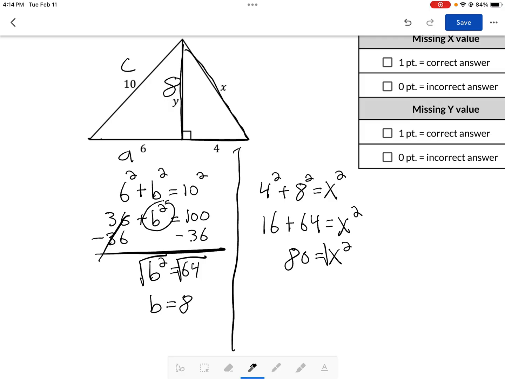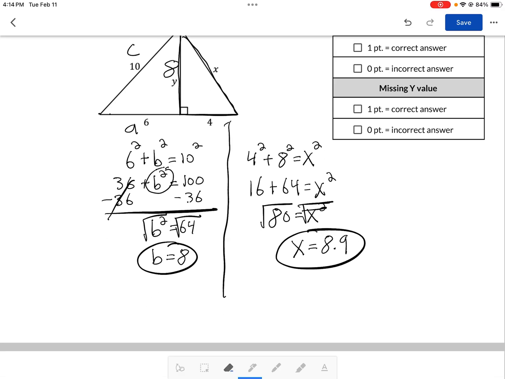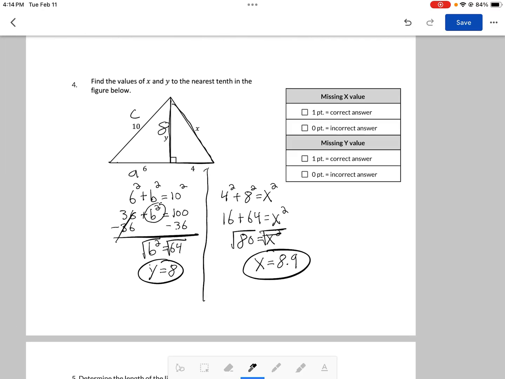I'm going to square root both sides of my equation. The squares cancel. I'm left with x equals 8.9 rounded to the nearest tenth. So b equals 8 and x equals 8.9 are my two answers. Actually, I can change this. I made it b, but technically we know this is y. Y equals 8 and x equals 8.9.